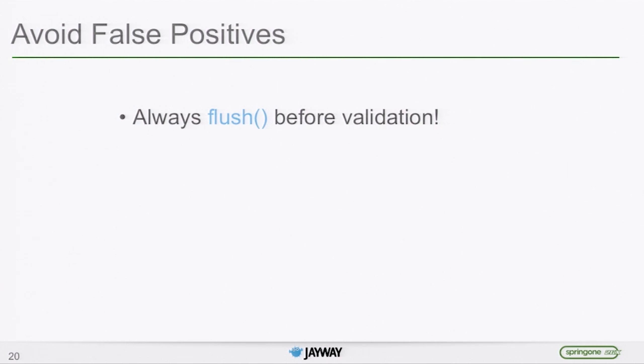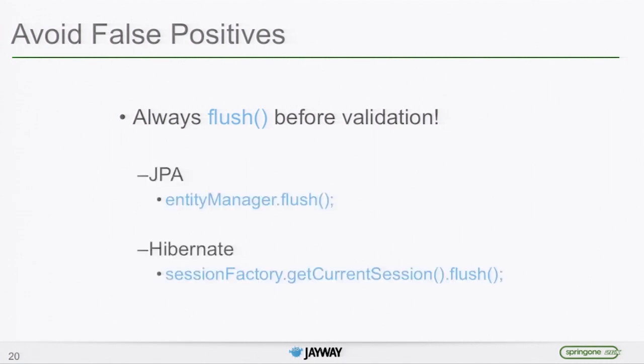If you're using JPA or Hibernate, you have the entity manager and the Hibernate session, and it's likely that they will cache your entities. So if you don't flush those, it means they will never be serialized to the database. That means if you have a constraint violation, it may pass unnoticed without you knowing it.